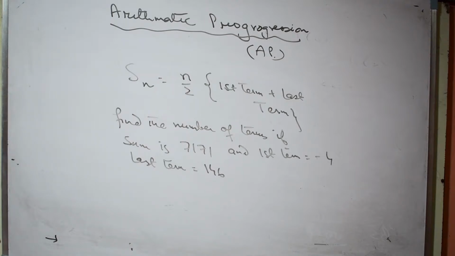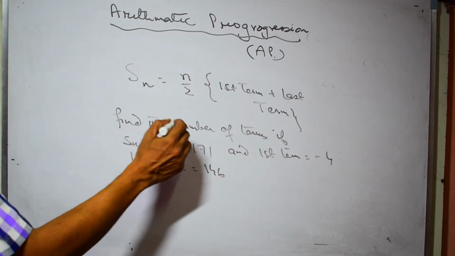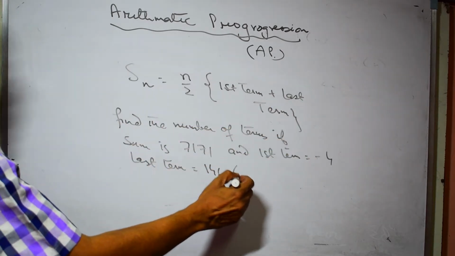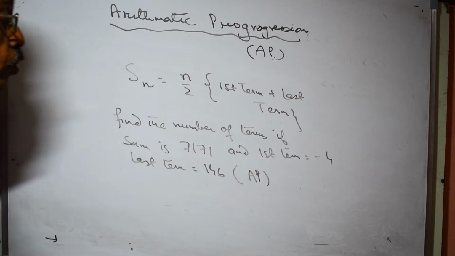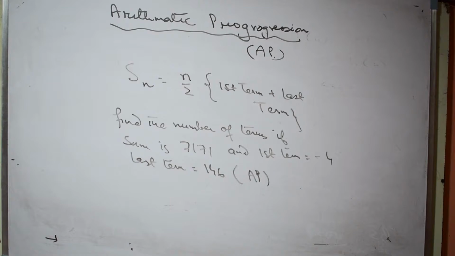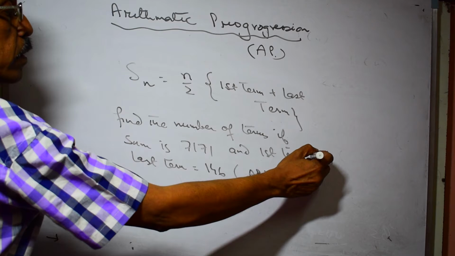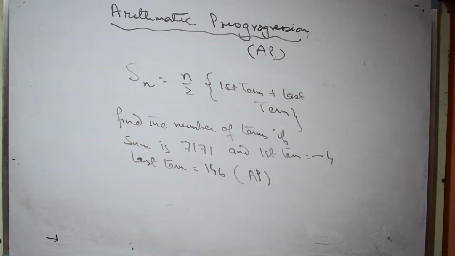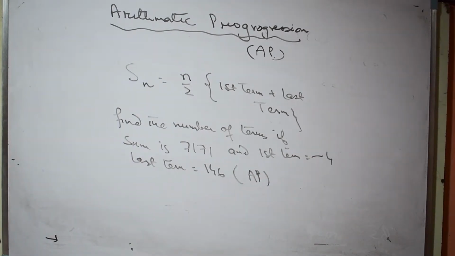Find the number of terms of an AP. That should be mentioned; I have not mentioned it here. We should have this information: find the number of terms of an AP, where the sum is 7171, the first term is minus 4, and the last term of the progression is 146.